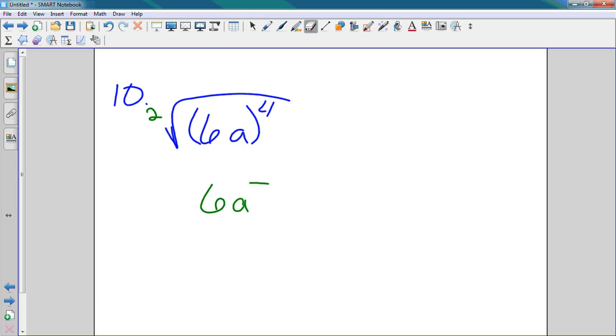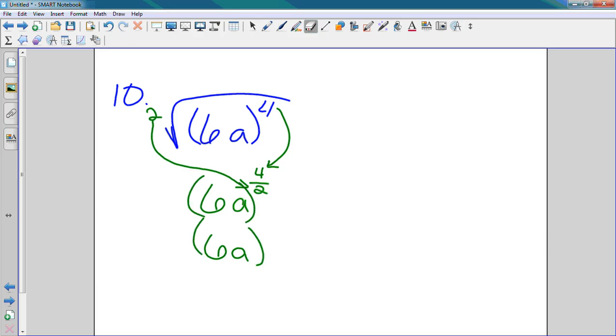So what number goes on the top, Taylor? The number that goes on top is the 4, and on the bottom is a 2, right? This number goes here, this number goes here, and that reduces to 6a to the 4 divided by 2.